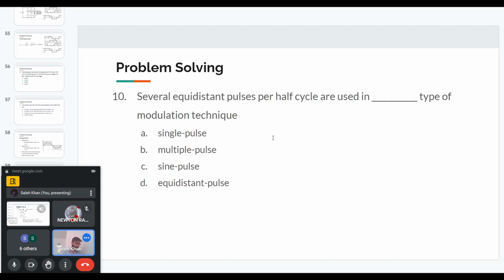That is equidistant. If, however, the time was different, for example we have one pulse, then no pulse for 5 milliseconds, then another pulse, then no pulse for 10 milliseconds, the duration between the pulses is different. So that is not equidistant. Equidistant means the time between the pulses is the same.